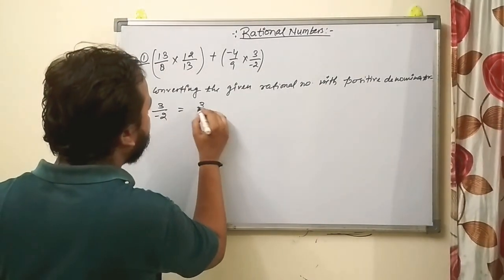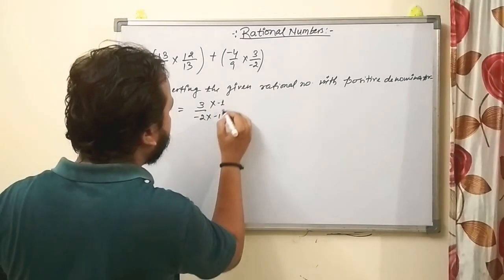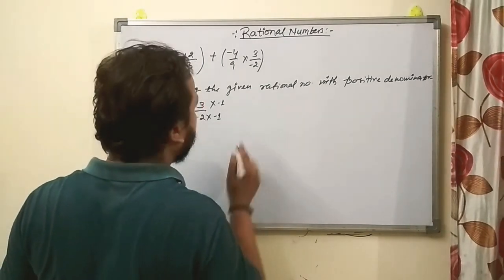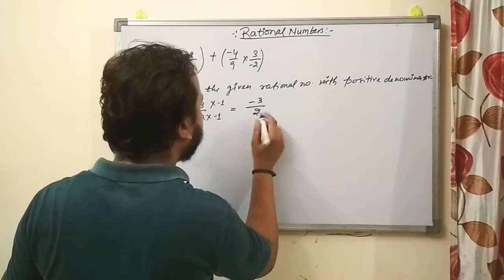What you have to do is multiply 3 by minus 2 by minus 1 in both numerator and denominator. That equals minus 3 by 2.